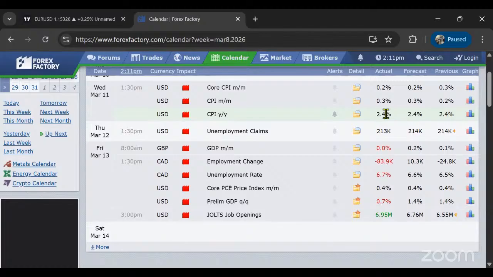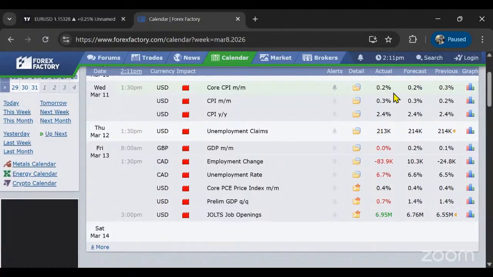Assuming that it was like 2.1 or 2.3%, then we say that the news is not good. But as you can see, it's still the same. The actual one with the previous one is the same. It was only this particular one, this CPI month by month, that dropped by 0.2%.